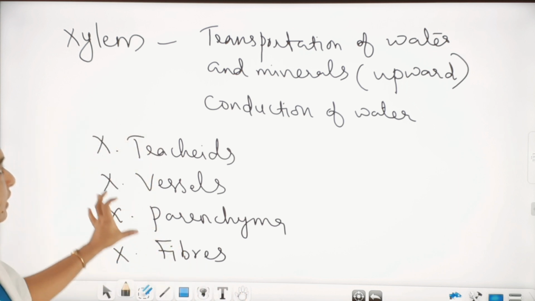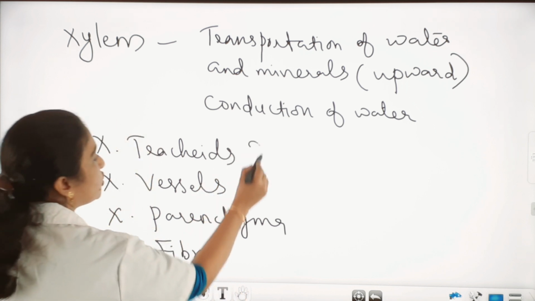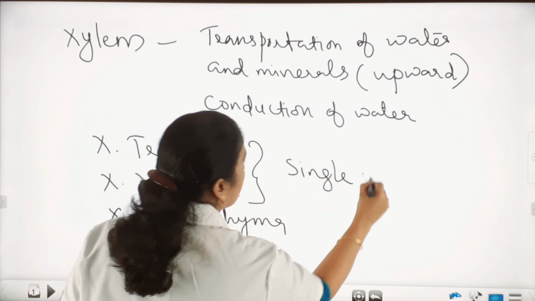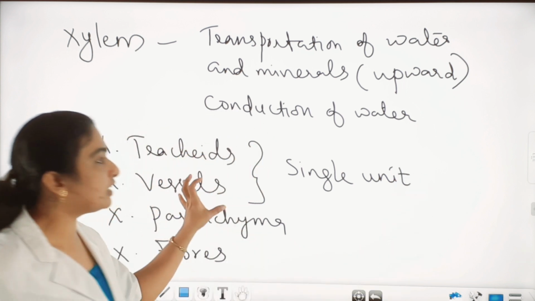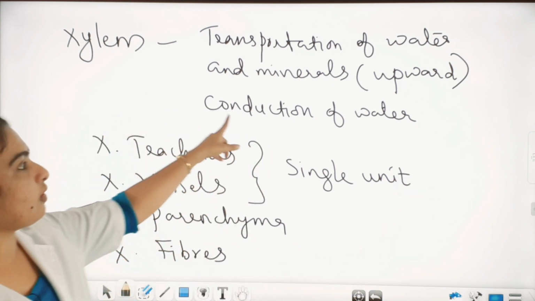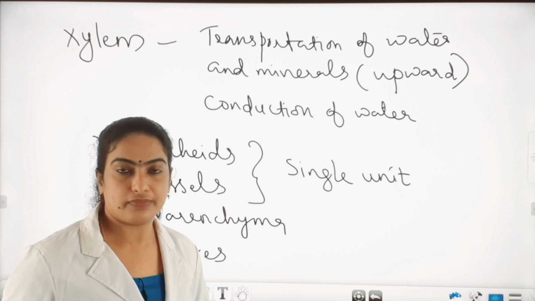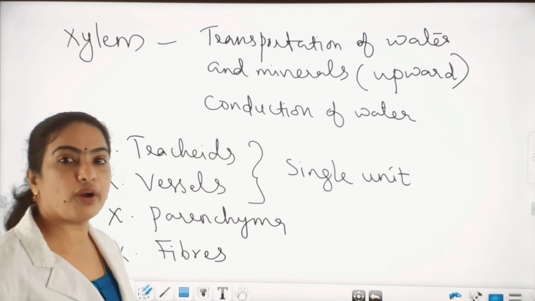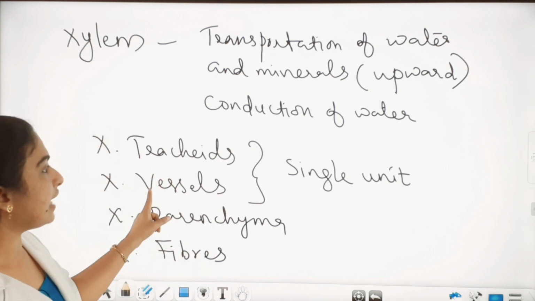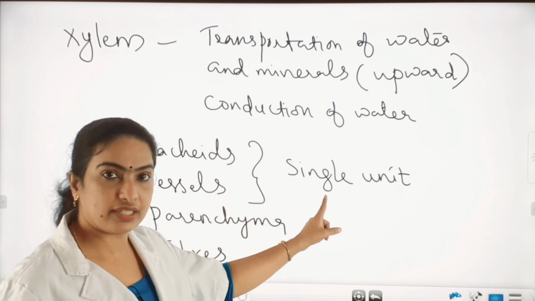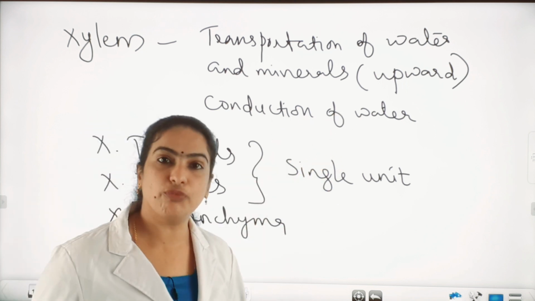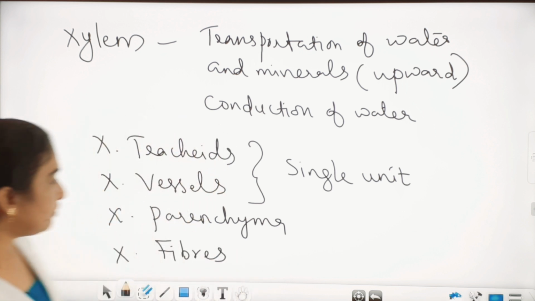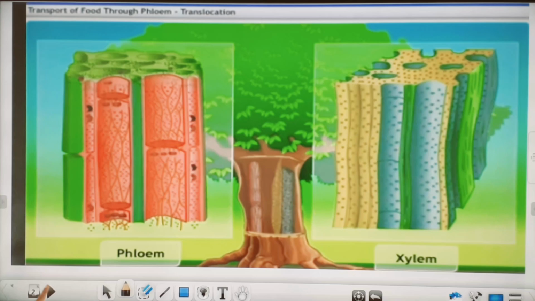Out of these four components, tracheids and vessels act as a single unit, and these two components play a major role in the conduction of water. Xylem tracheids and xylem vessels act as a single unit and help in the upward conduction of water from the roots to different parts of the plant body. Is it clear? Now we can see next.